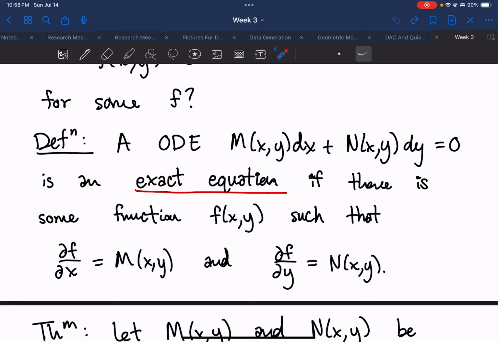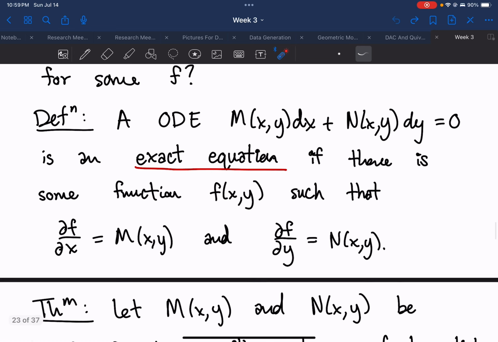And in this case, the solution would be f of x, y equals a constant.